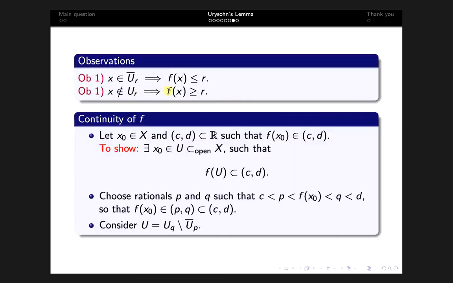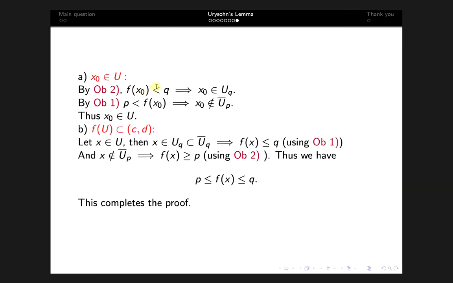This follows from observation 2. One can prove it rigorously.